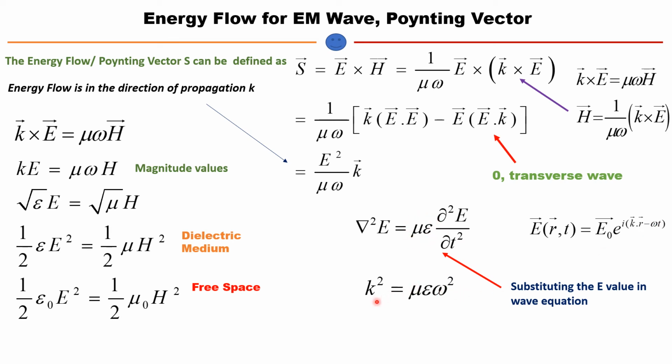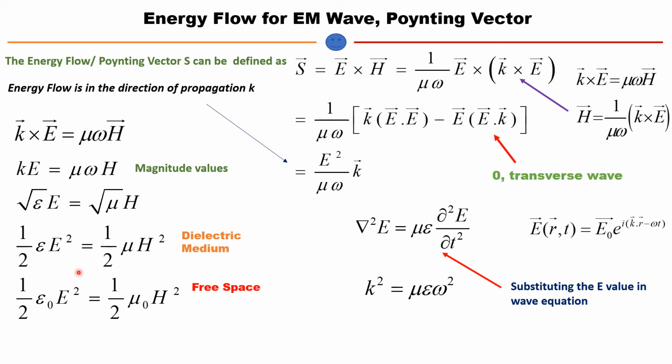So k can be written as root mu epsilon times omega. Substituting that value of k in that equation, we reach this equation, and from that we can write half epsilon E squared is equal to half mu H squared. It is in a dielectric medium.